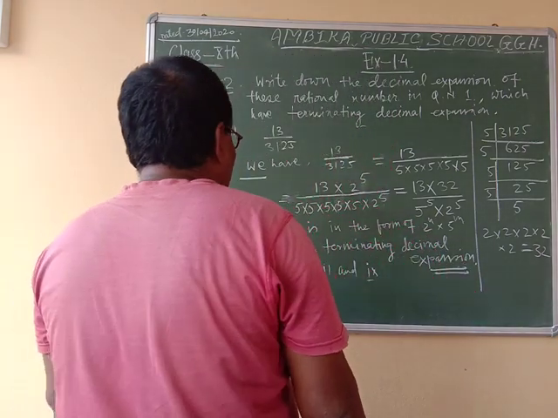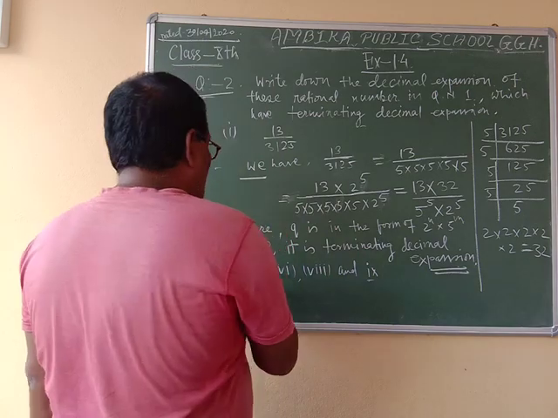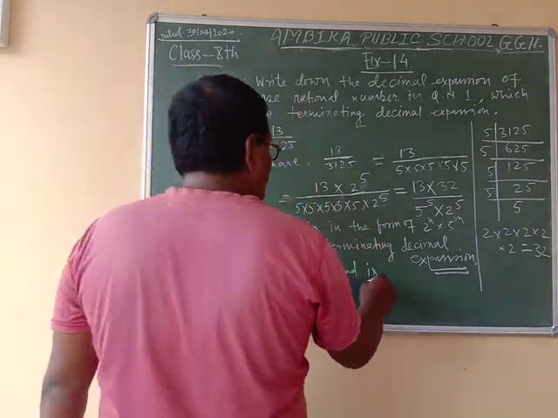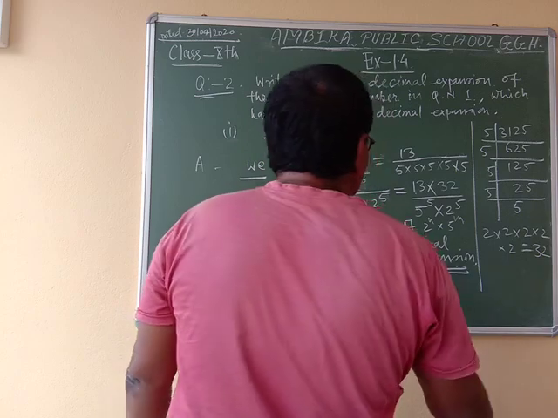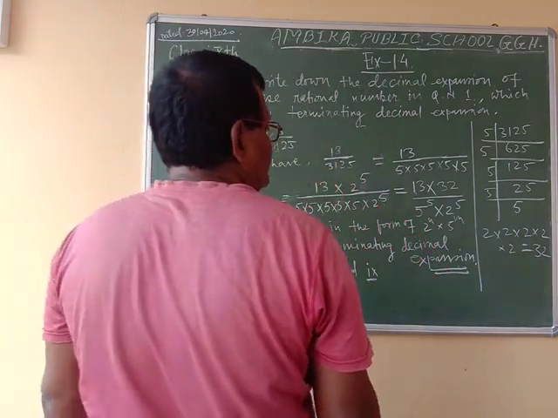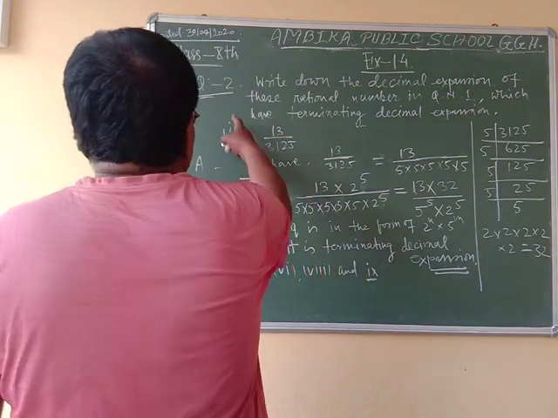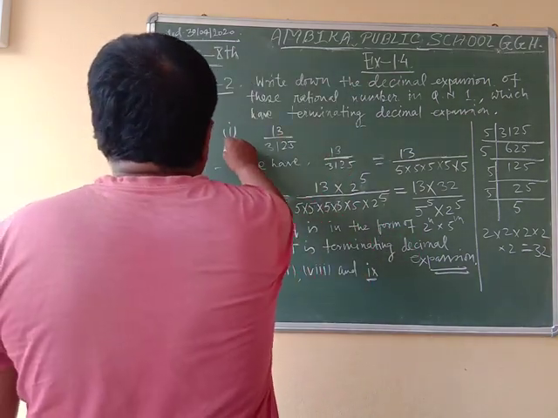So we can write that for numbers 2, 4, 6, 8 and 9 it is a terminating decimal expansion. The process will be the same as question number 1.